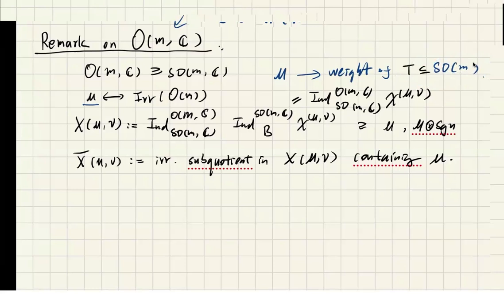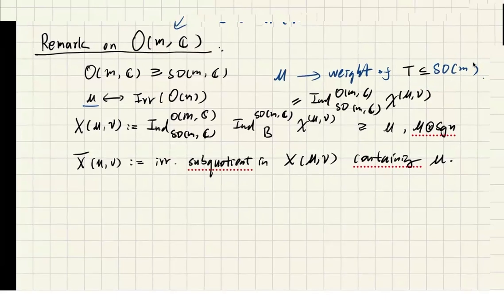Okay, anyway, so you induce this one and it will contain two K-types, mu and mu tensor sign. It's possible that mu and mu tensor sign are the same representation. It's okay.